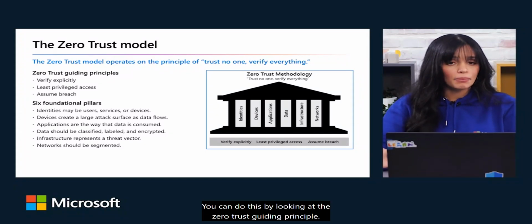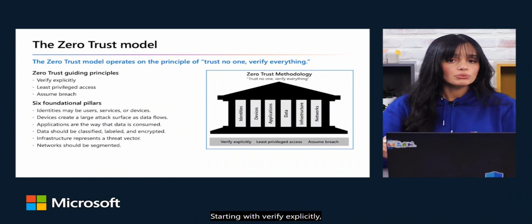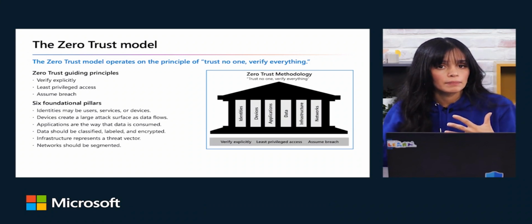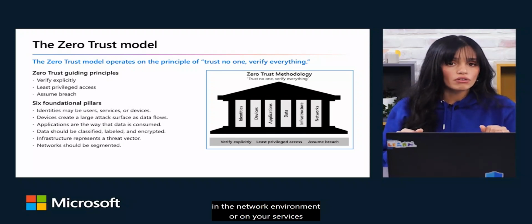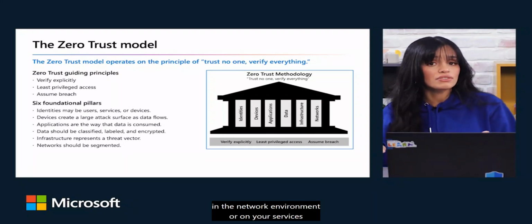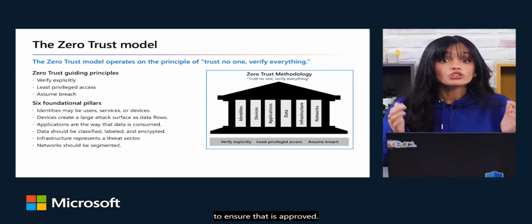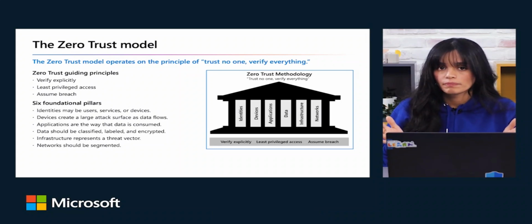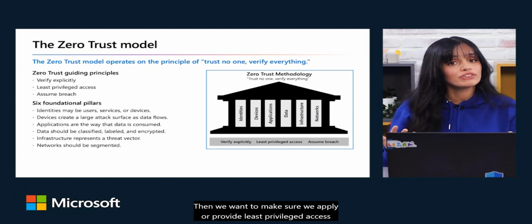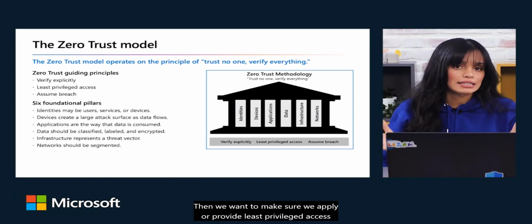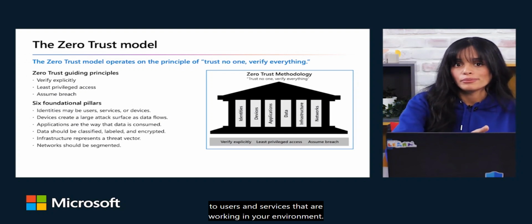You can do this by looking at the Zero Trust guiding principles. Starting with verify explicitly, we want to ensure that everything that's being used in the network environment or on your services can be verified and challenged at different stages to ensure that it's approved. Then we want to make sure we apply or provide least privileged access to users and services that are working in your environment.